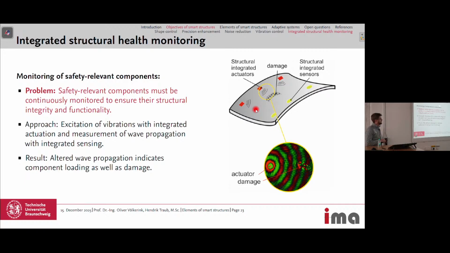And if you have more than one sensor-actuator pair, you can also triangulate the location of the damage. So the damage changes the wave propagation, and if you have a baseline signal or baseline behavior of the structure, then you can say if there is a damage inside or not.